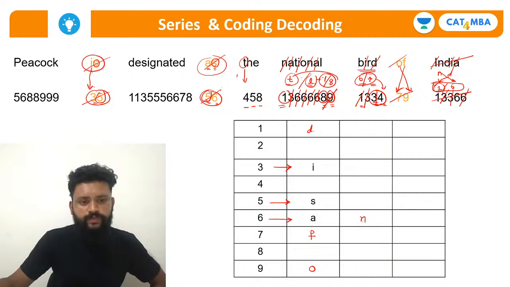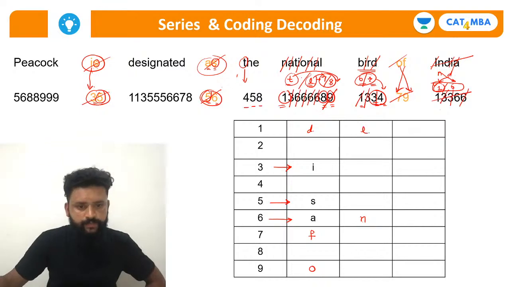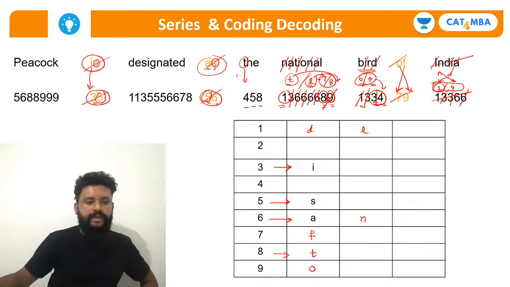T must be 8 and L must be 1. Hopefully you understood this. Right, Nicole? T is 8, and because here T is gone for 8. We are done with all this now.